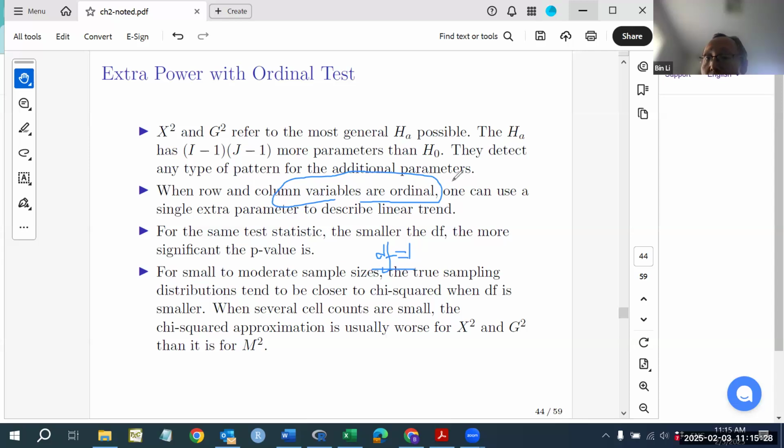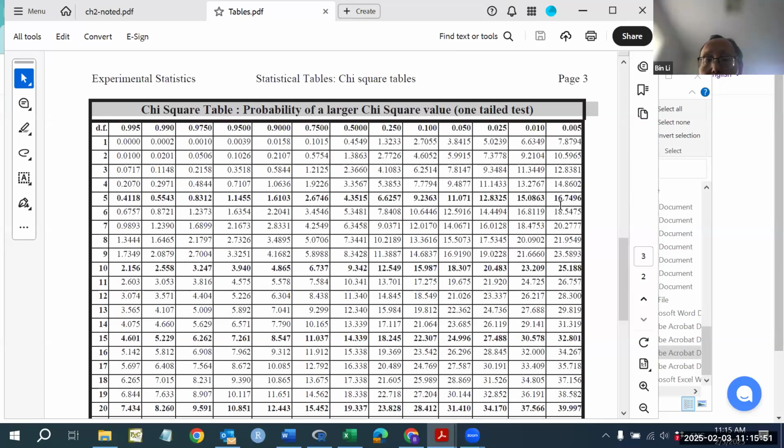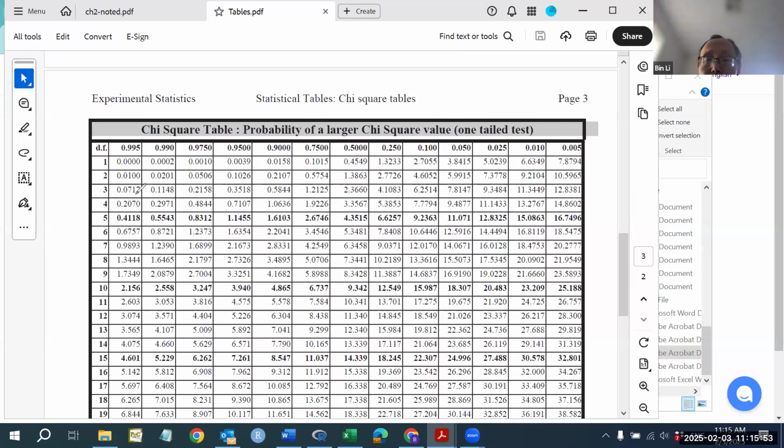Is that right? If you look at the chi-square tables, for 0.05, look at the threshold.